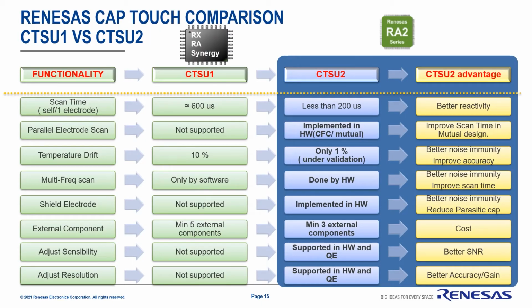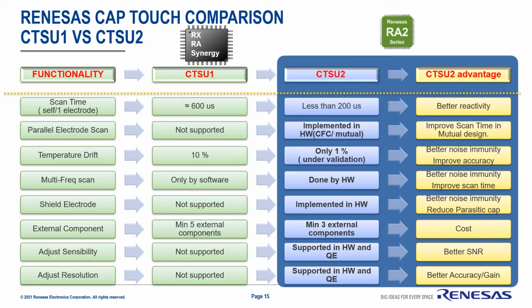As mentioned, concerning capacitive touch, we have made some improvements on our latest IP in order to improve the sensitivity, the scan time, and to get better results concerning noise immunity. Here are some comparisons between our previous generation and the new one.